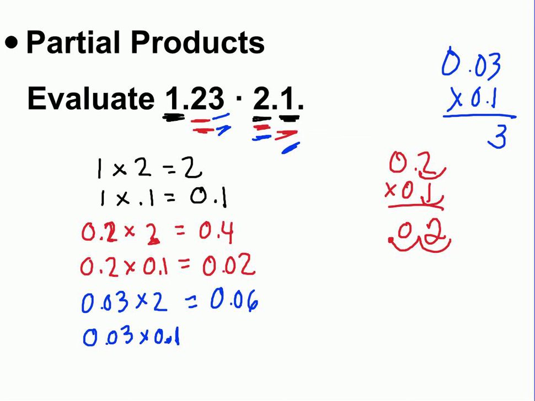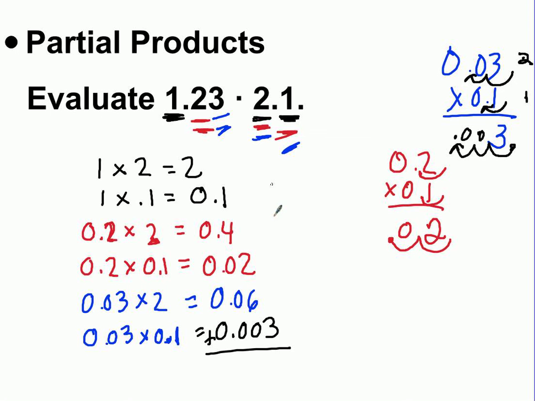Ignore the decimals first. 3 times 1 is 3. 1 decimal place, 2 decimal places. And that's 1 decimal place. So 2 decimal places plus 1 decimal place, 3 decimal places. So 1, 2, 3. And so my final, oh, sorry. So this would be 3 thousandths, and then I'd add them up.